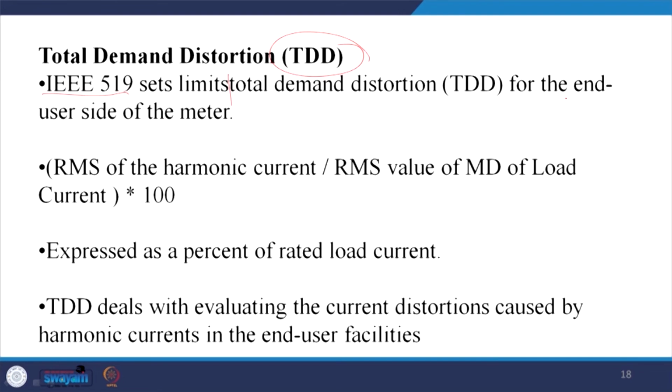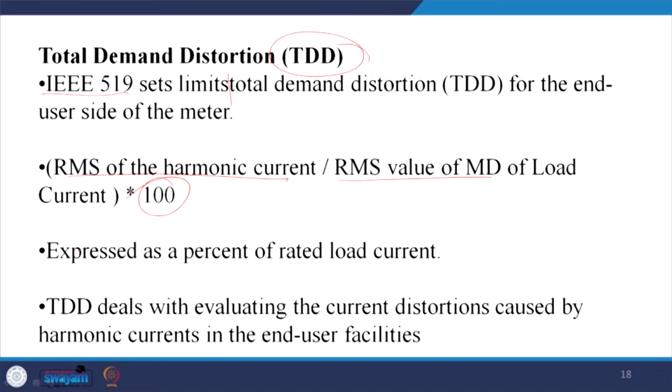So, how much demand you want and how much distorted power factor you get. This is the RMS of the harmonic current by the RMS value of the meter load current into 100%. So, we say that as TDD.